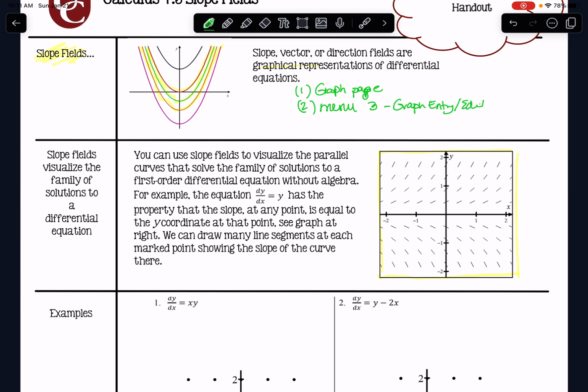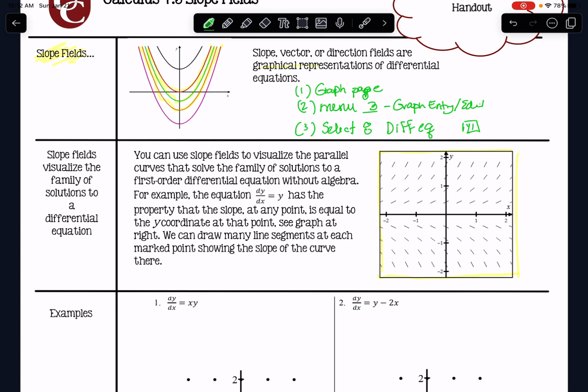And then the third step is select 8. So if you hit 3, then select 8, which is diff EQ. All right, and then it should bring up a box that looks like this.